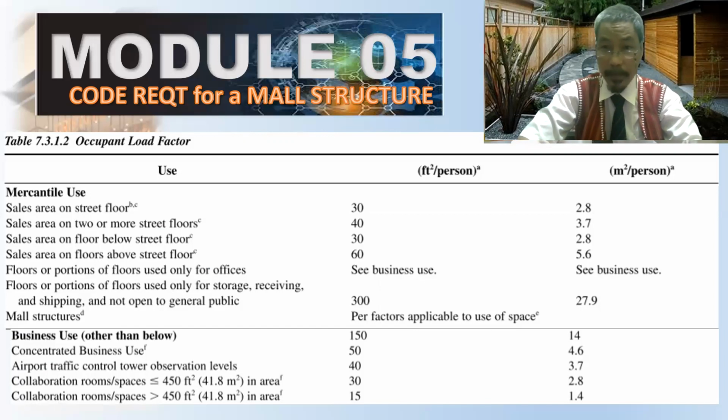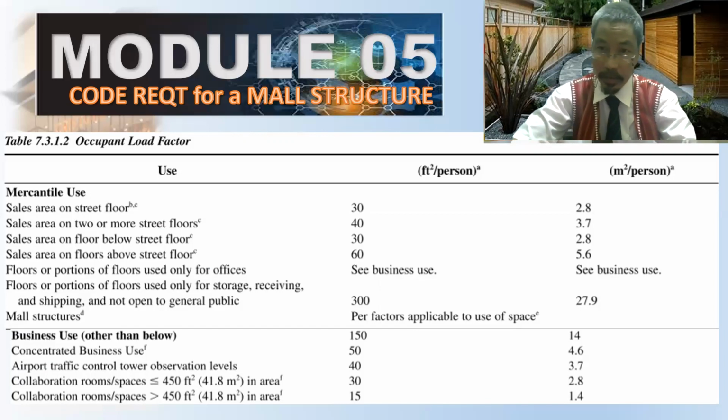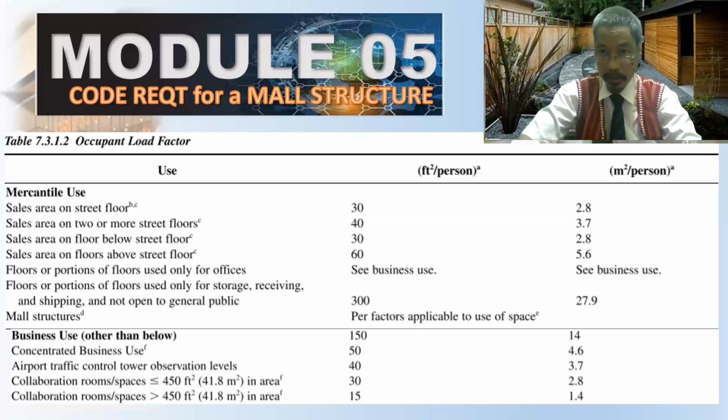So, as you can see on the figures, it is safer to be on the floor on the same level with the street, rather than going up. It's even better to go down rather than going up. So this is what these numbers are telling us.